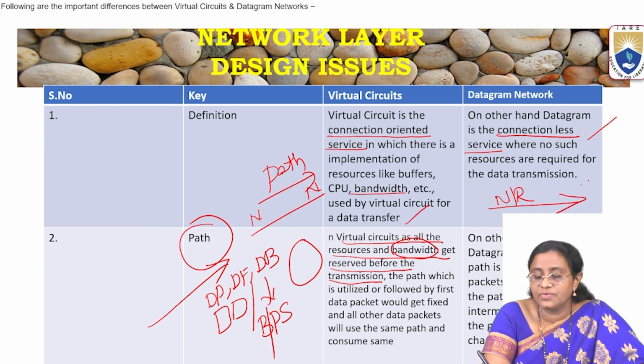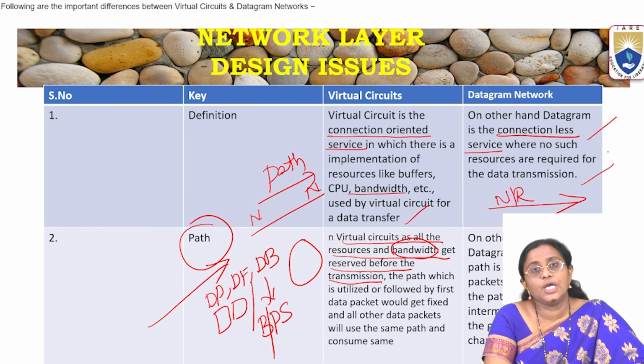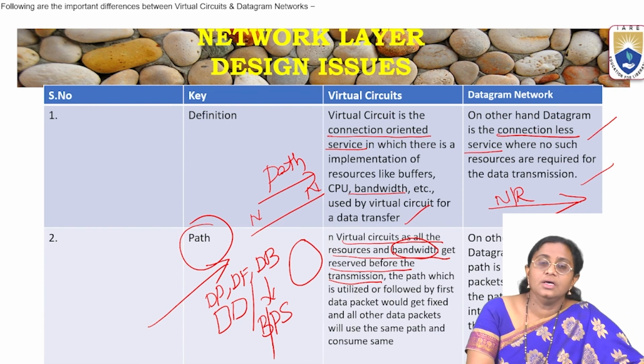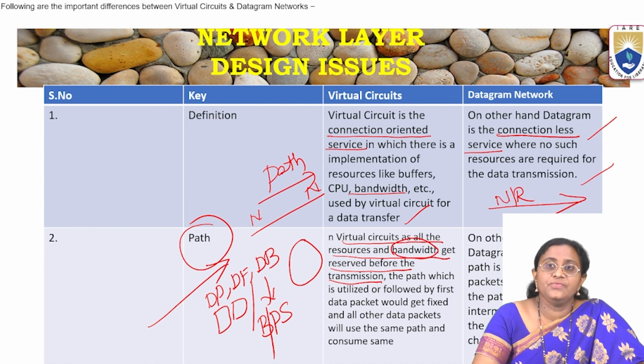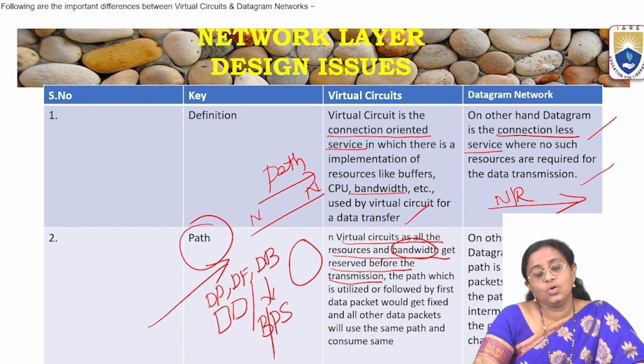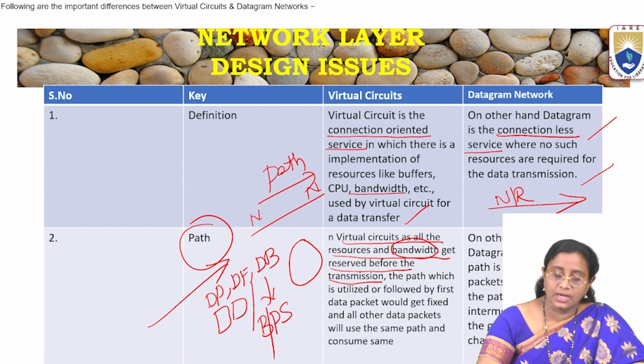Whereas in datagram networks under the network layer, we cannot find any such parameters. We cannot identify any bandwidth, CPU buffers or transmission parameters from one node to another node while working with the datagram network.